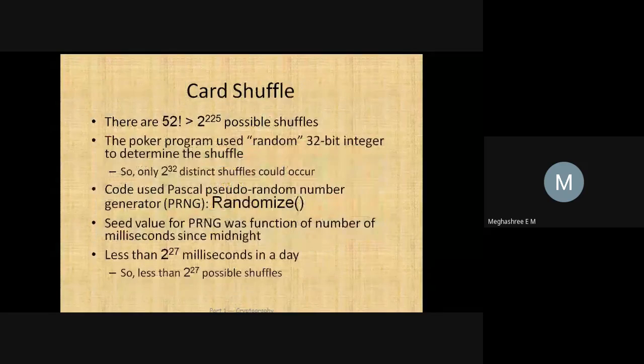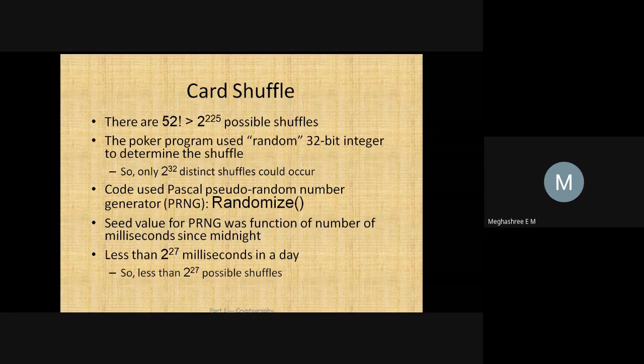As you know, in a deck there will be 52 cards, right? So what are the possible shuffles? Obviously 52 factorial, isn't it? Which is greater than 2 to the power of 225 possible shuffles.